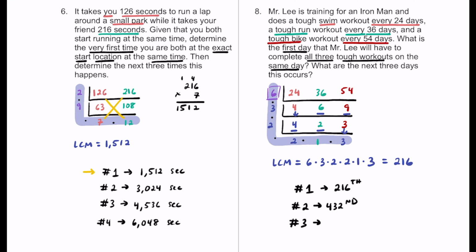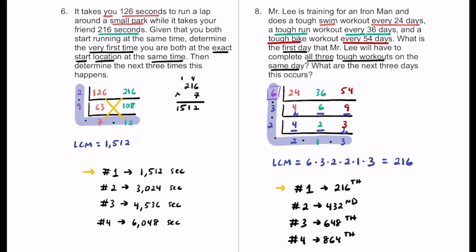So that's going to be what, 216 more than that. I think that's going to be 648th day. And then the 4th time this happens is going to be 216 days later. And I think that's going to be the 864th day. All right, so the very first day was this day number 216. And then after that, it's always just 216 days after that.